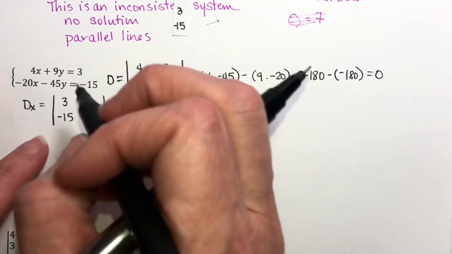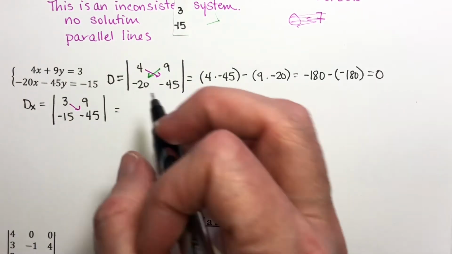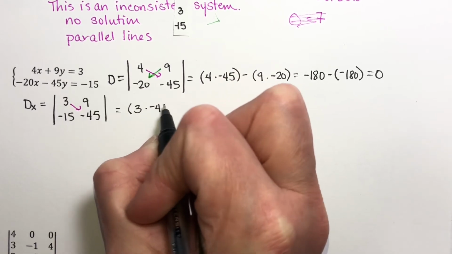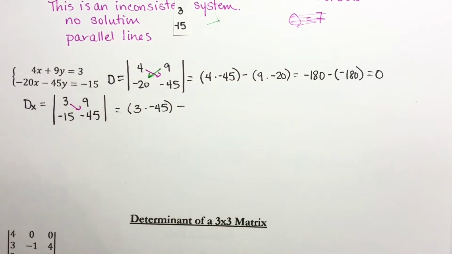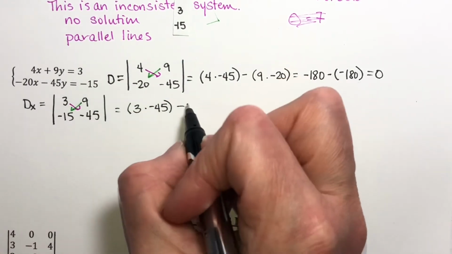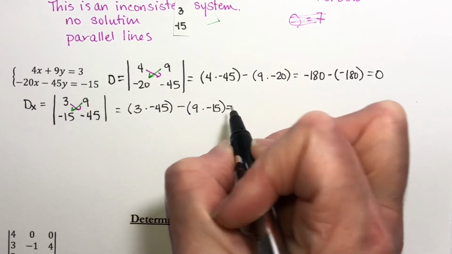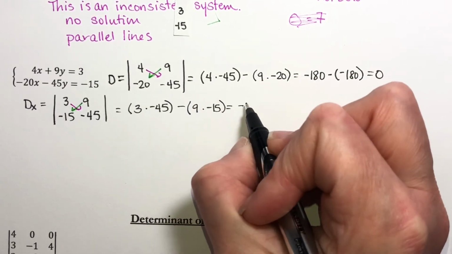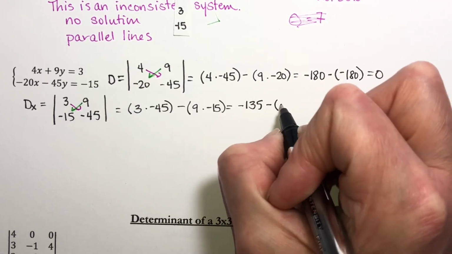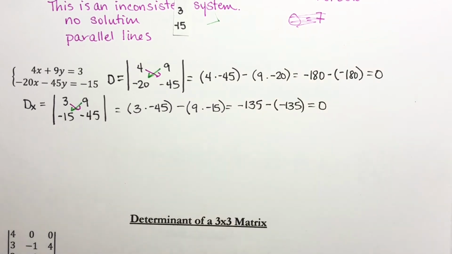So that would be 3 times negative 45 minus 9 times negative 15. This gives me negative 135 minus a negative 135. So this is 0 as well.